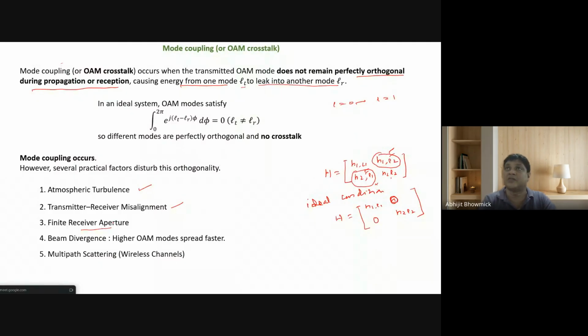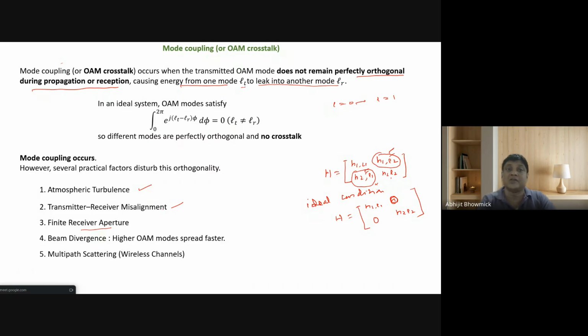Say you place your receiver at some distance, but since the nature of the beam is that when it is propagating, it is diverging, the entire mode may not come into the aperture of the receiver antenna. In that case, mode coupling may happen.